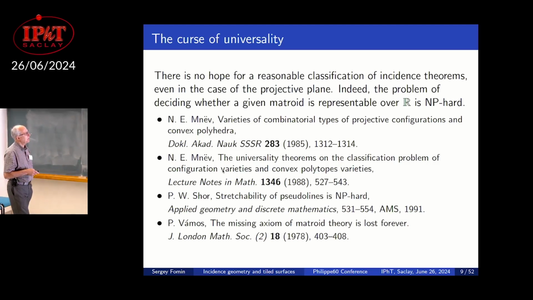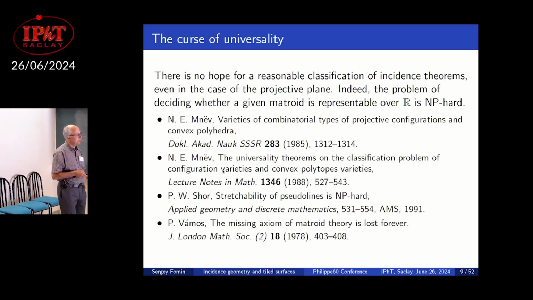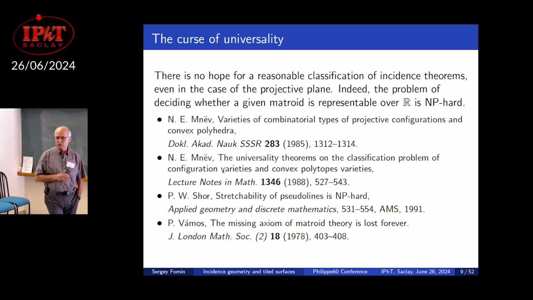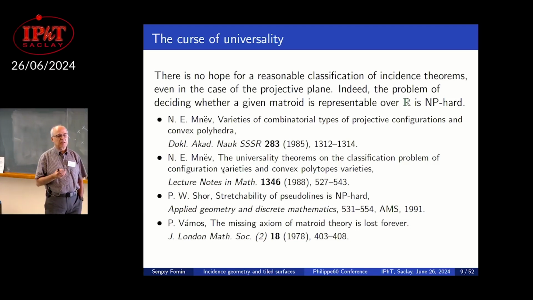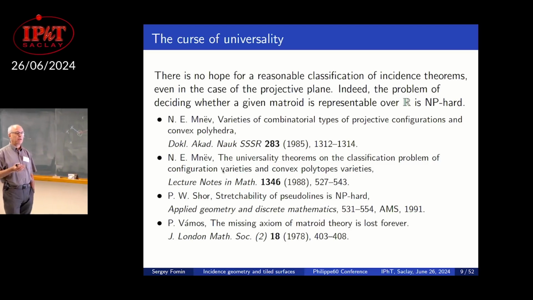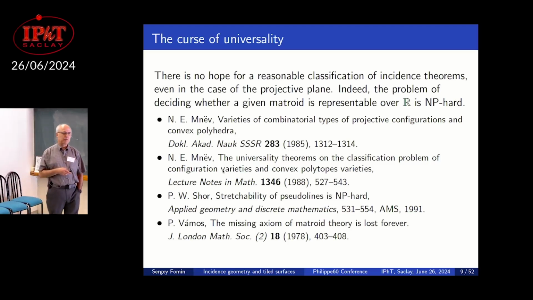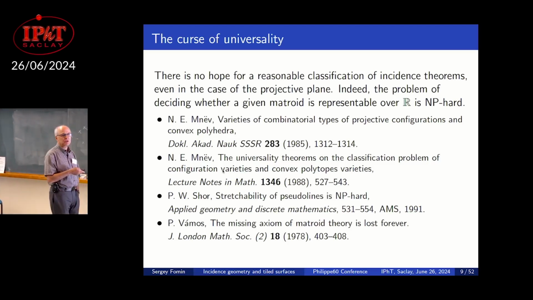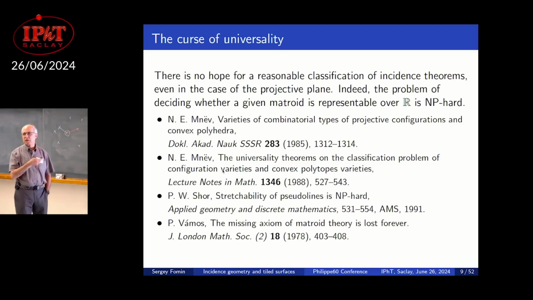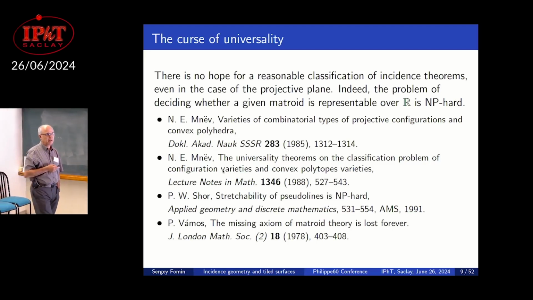And Peter Shor, based on Mnev's theorem, proved that realizability is NP-hard. So this suggests that maybe there is no point in trying, and many people interpreted it exactly in that way. So the book is closed somehow, like there is no reasonable classification. All these questions just have no good answer, and we should pack and go home.